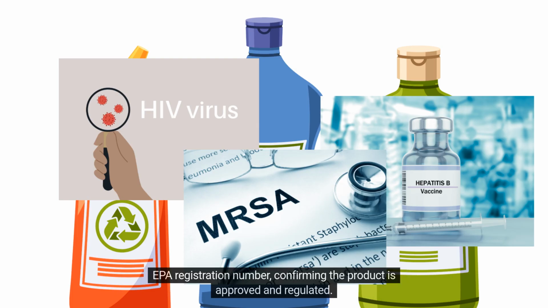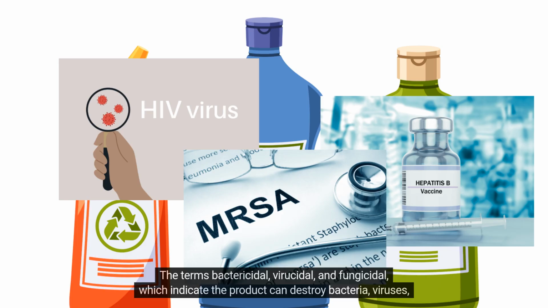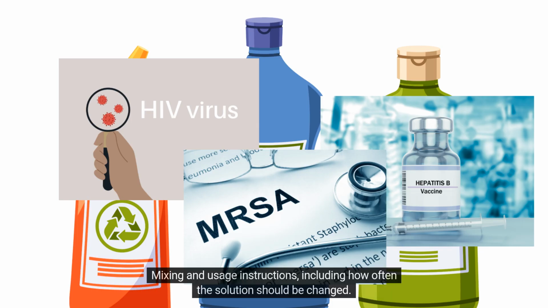The label should also show the EPA registration number, confirming the product is approved and regulated. It should use the terms bactericidal, virucidal, and fungicidal, which indicate the product can destroy bacteria, viruses, and fungi. It must also give mixing and usage instructions, including how often the solution should be changed.